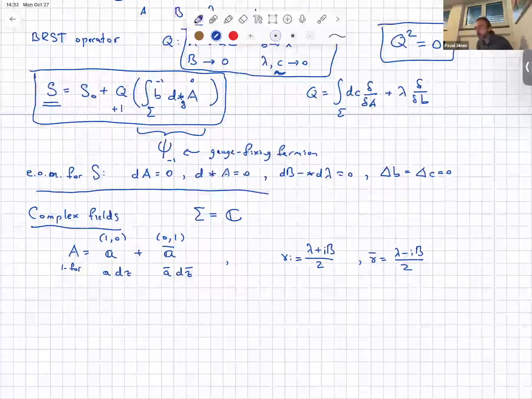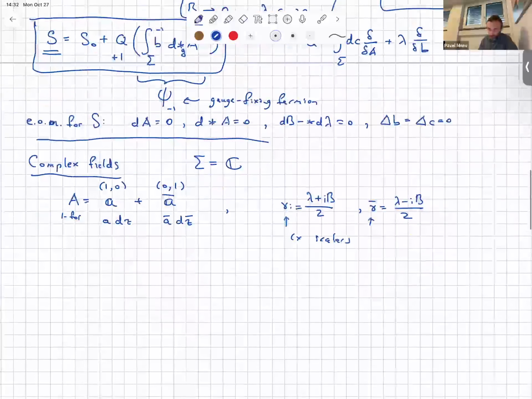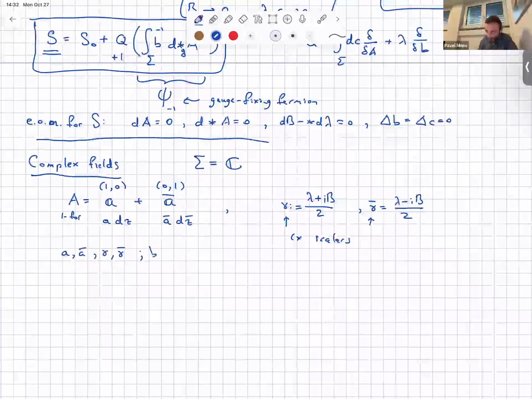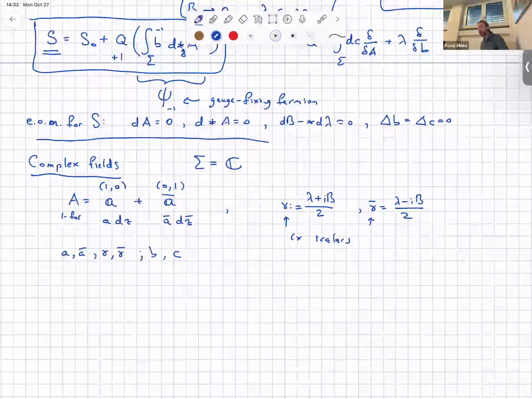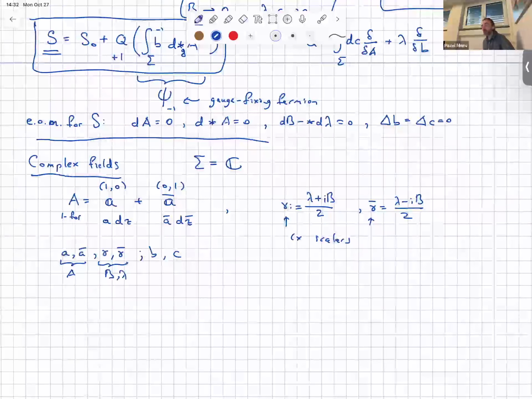So I have created two new complex scalars from the real fields B and the Lagrange multiplier. Then I can talk about the theory in terms of this new parameterization of fields: a, a bar, gamma, gamma bar, and then the ghosts B and C. A and A bar came from A, and gamma, gamma bar came from B and lambda.